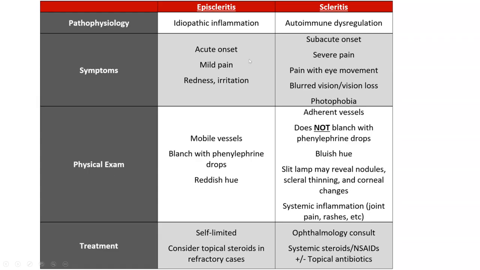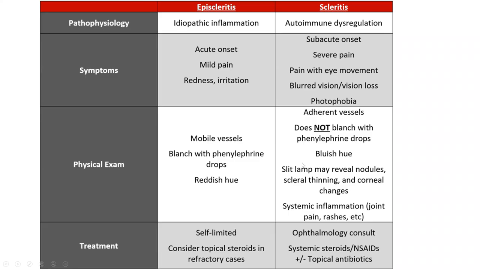On physical examination in episcleritis, the vessels are mobile, blanch with phenylephrine drops, and are more bright red in color. In scleritis, the dilated blood vessels are more adherent, so if you try to move them with a cotton tip applicator, they will not move.